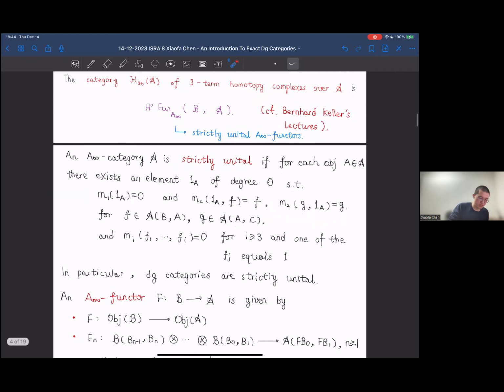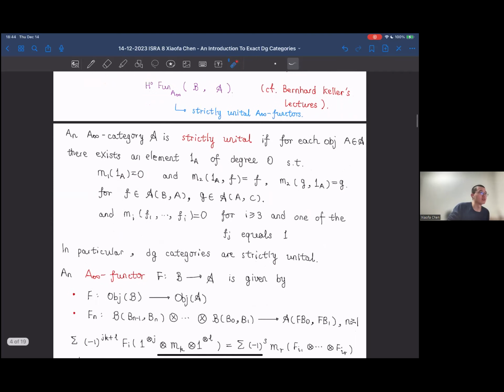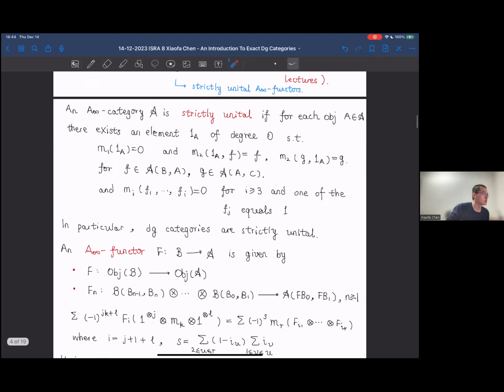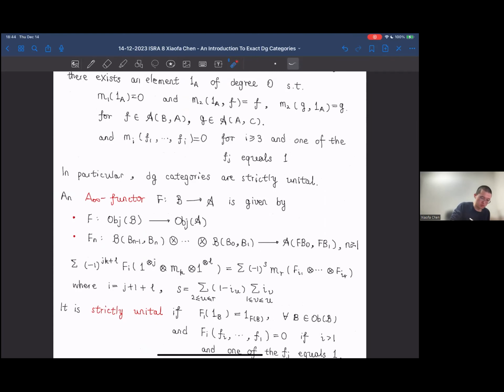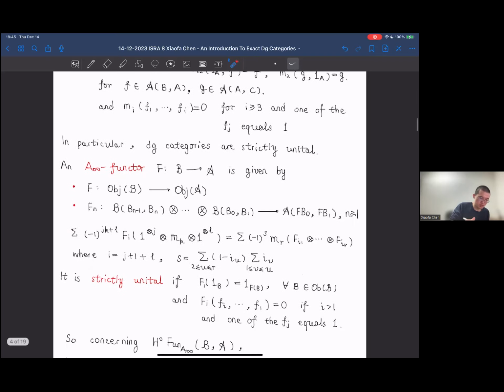Now an A-infinity functor, Professor Keller leaves it as an exercise. Here I give the definition. An A-infinity functor between A-infinity categories is given by the following data. First we have a map between the class of objects, and secondly, for each n greater or equal to 1, we have a map of complexes.